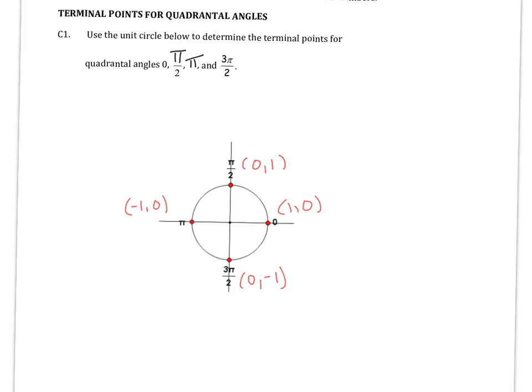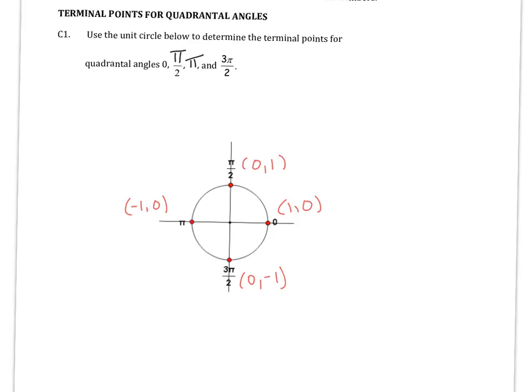So remember that when you're going counterclockwise, you're going in the positive direction, and that's why we're going from 0 to pi over 2 to pi to 3 pi over 2 counterclockwise. When you're moving clockwise, you're going in essentially the opposite direction. You're going to be going negative.